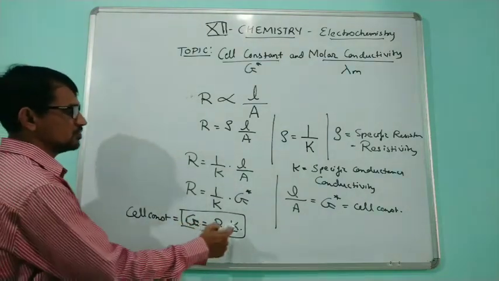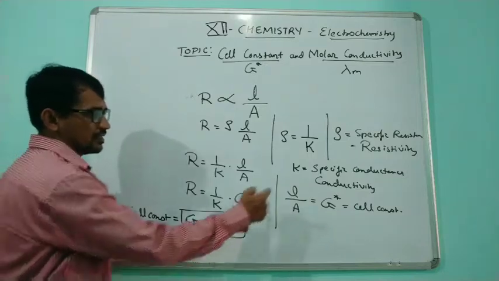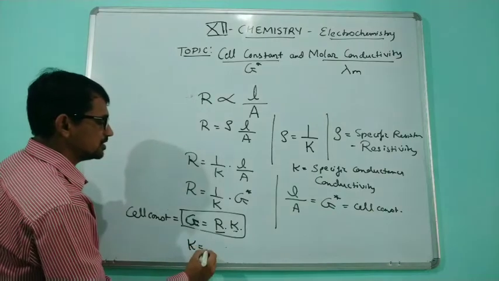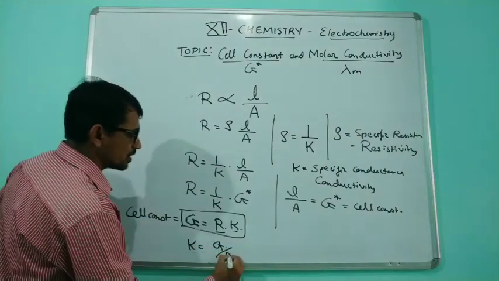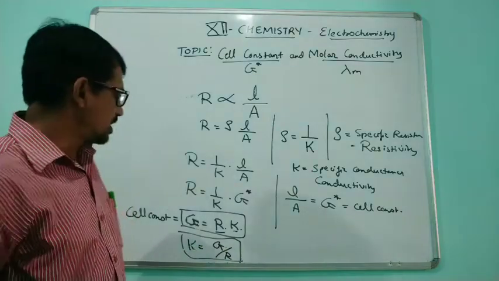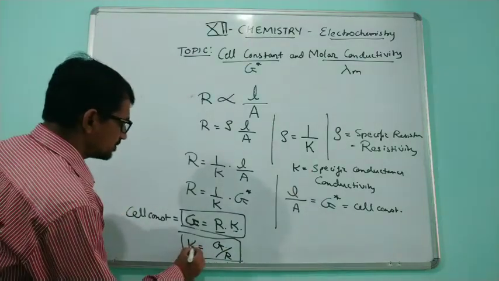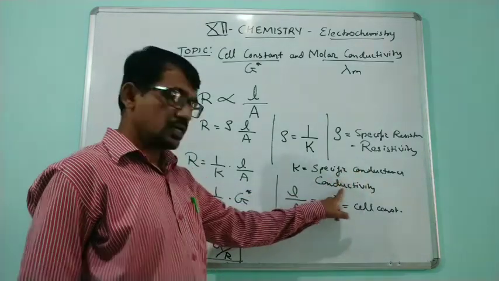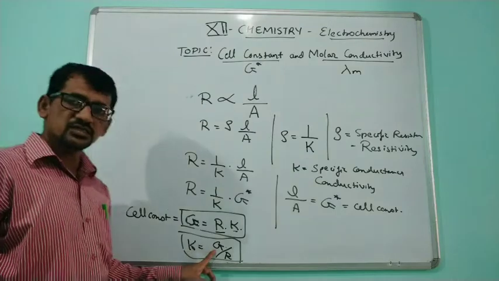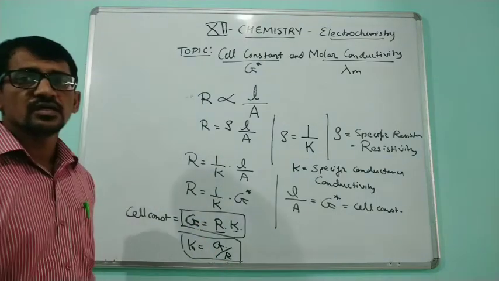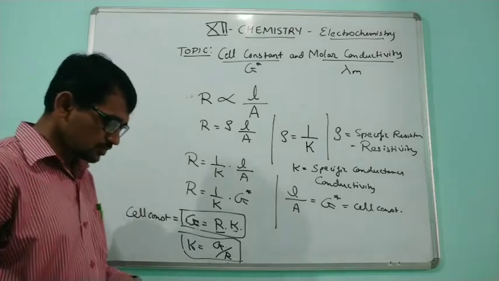Or, if you want to find K, the specific conductance or conductivity, then K is equal to G by R. From this equation we can find the specific conductance or conductivity, where G is the cell constant divided by R, the resistance.